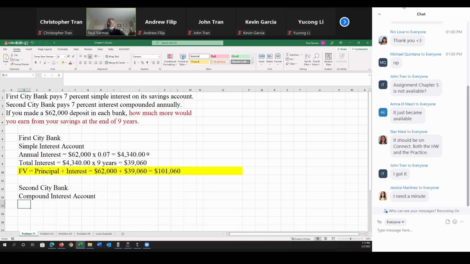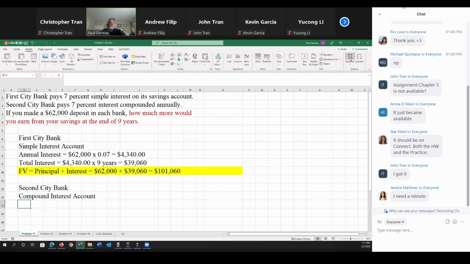So that is compounded. And if you recall, I have erased the formula.